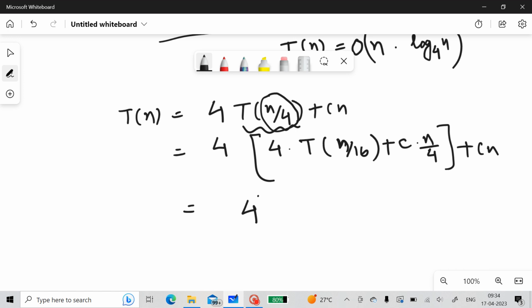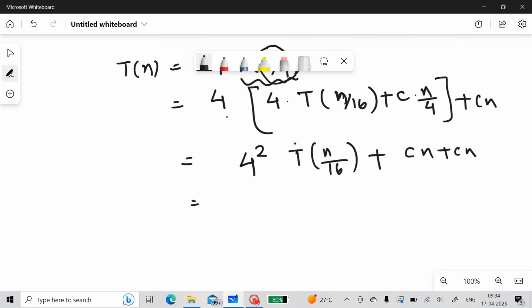This will be 4 power 2 times T of n over 16 plus, if you multiply by 4, you will get cn here, so I can write this as 2cn. Now let's split once more, then you can see the pattern of the solution.